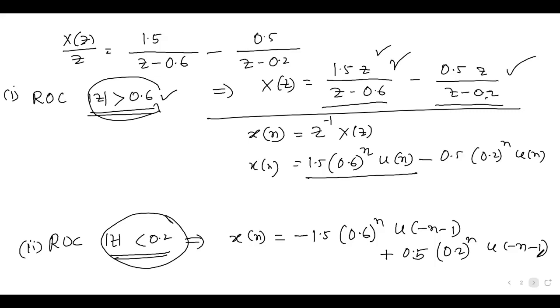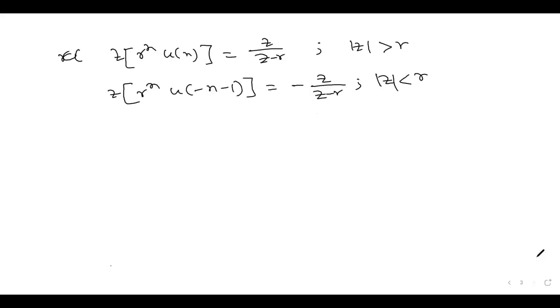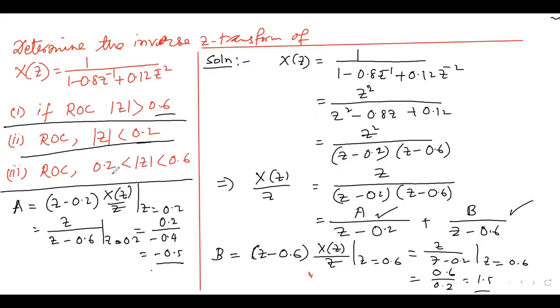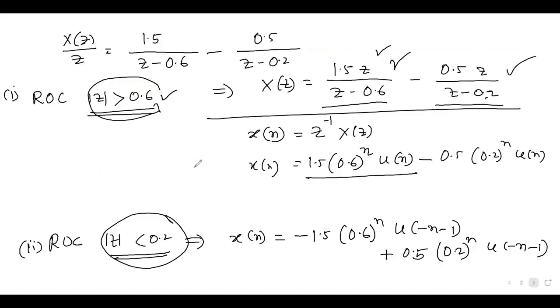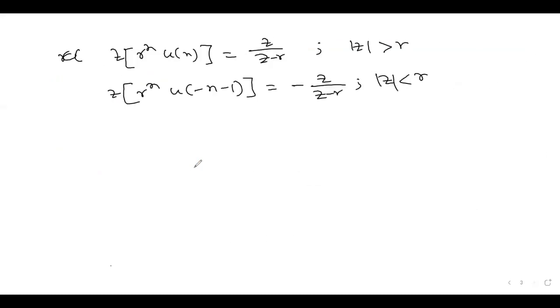And finally, for the third section, the ROC is given as 0.2 less than mod z less than 0.6.